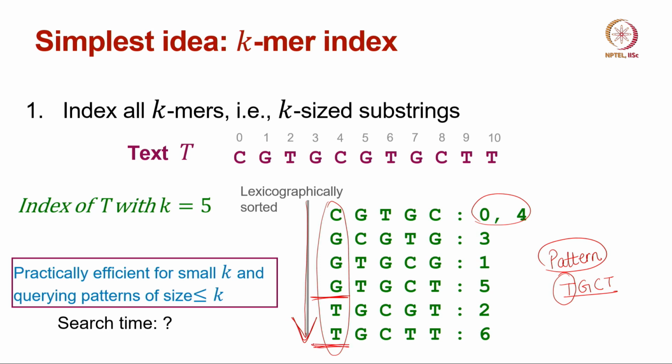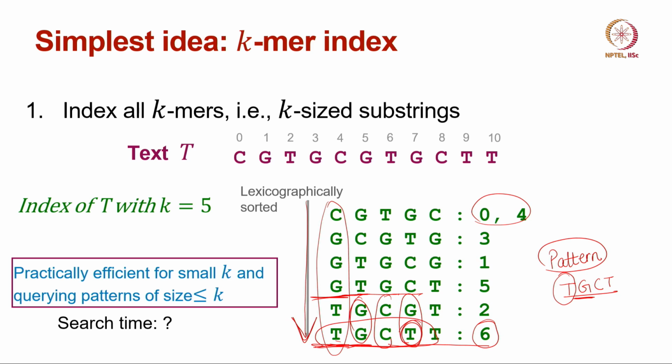Then I would move to the next character of the pattern, which is G. I would continue by binary search within this particular range, and it turns out that all the characters correspond to G. Next I will move to C. Again I will do a binary search, and similarly for the fourth character I will do a binary search in this region and narrow down my search to the last row. This particular row will immediately tell me that the pattern that I am looking for occurs at position 6 in the text T.